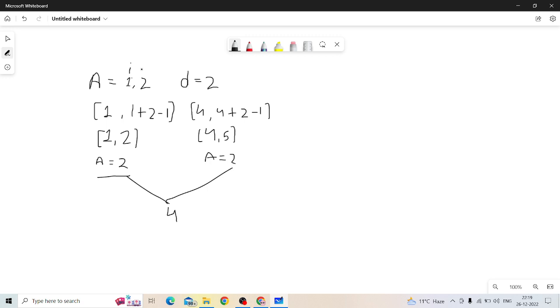For i equal to 1, what is the answer? For t equal to 2, the interval is from 2 to 2 plus 2 minus 1, so 2 to 3.